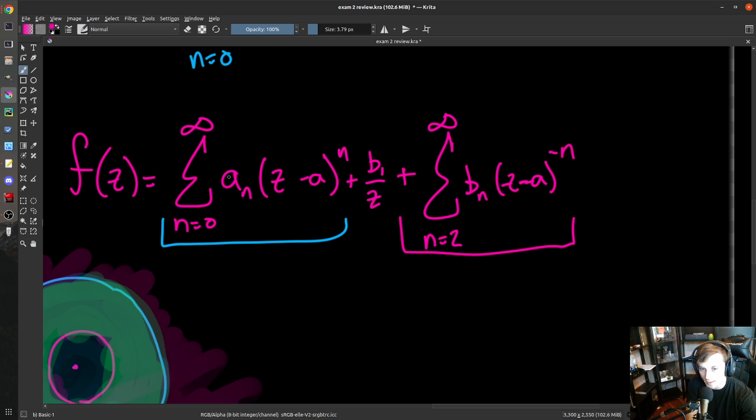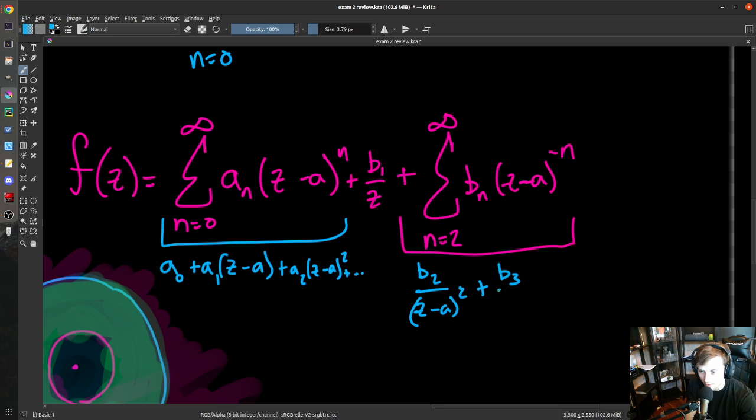Now this piece right here is like a0 plus a1 (z minus a) plus a2 (z minus a) squared, and so on. And over here you have b2 over (z minus a) squared plus b3 over (z minus a) cubed, and so on.